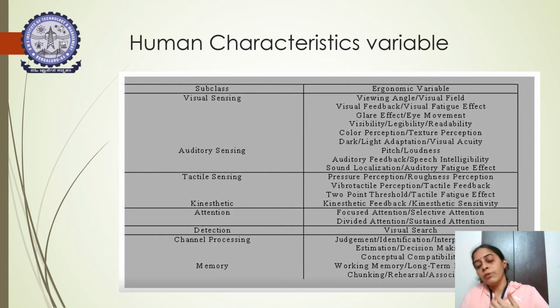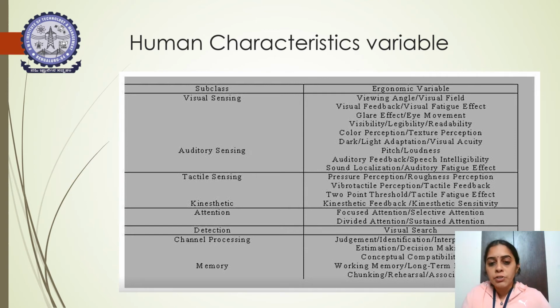And also we were talking about the ergonomic factors, right? The basic human characteristic variables which are needed in product design are described step by step for different things. Suppose you have made a product and it should be perceived through visual sensing and auditory sensing.